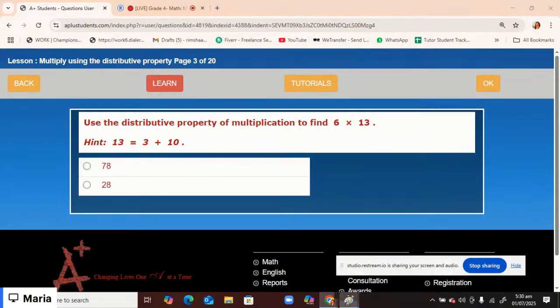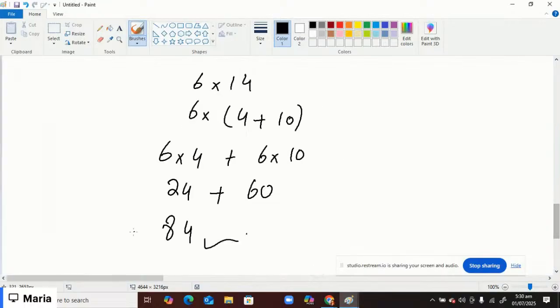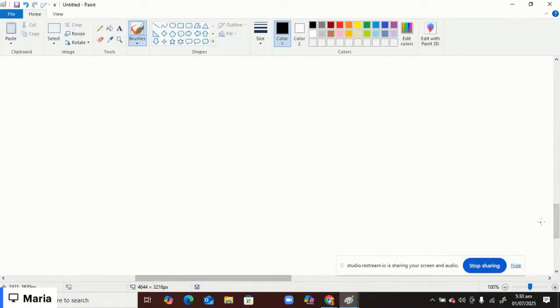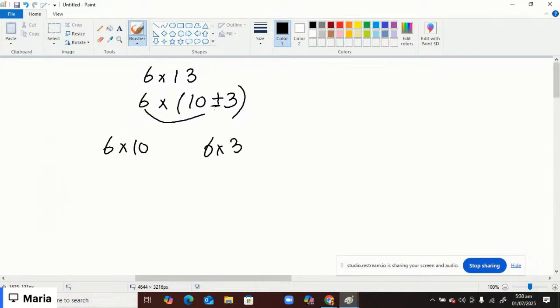Now 6 times 13. 6 times 13, and they gave us the hint 6 times 10 plus 3. Now separately multiply first 6 with 10, then 6 with 3. What is the sign in both of it?